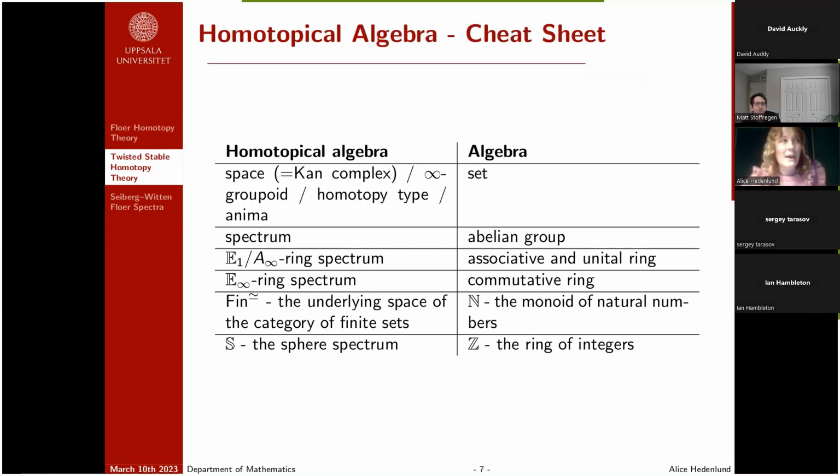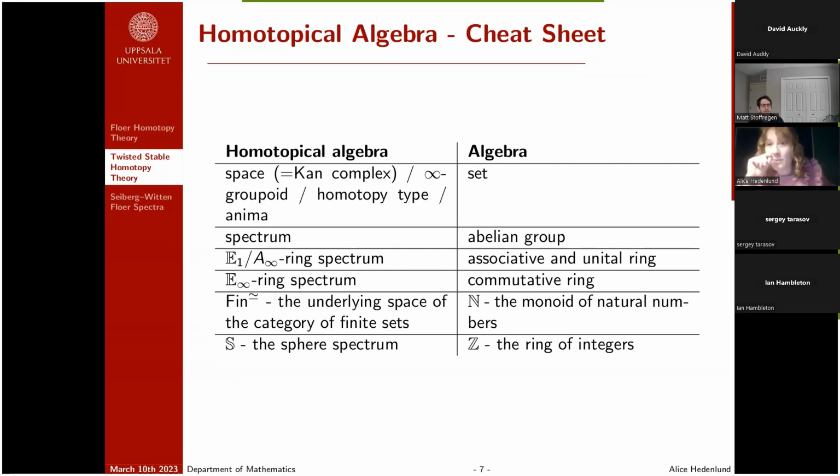A common description of what homotopical algebra is, is that it's algebra built on spaces rather than sets. Let me briefly discuss what that means. In classical algebra, everything is built on sets, and in homotopical algebra, you build your algebra on spaces.